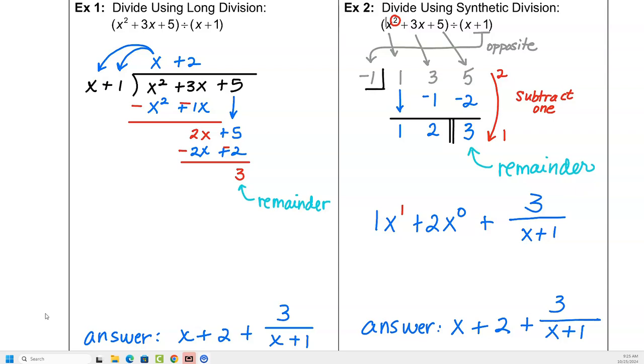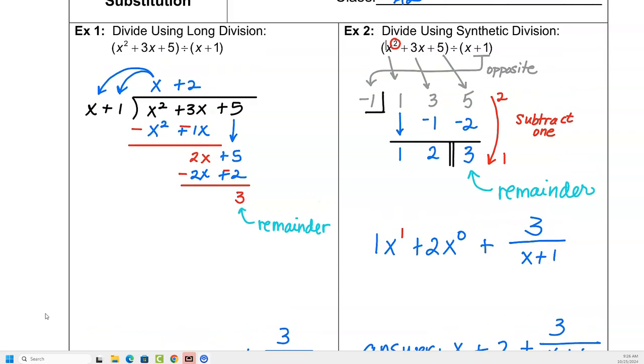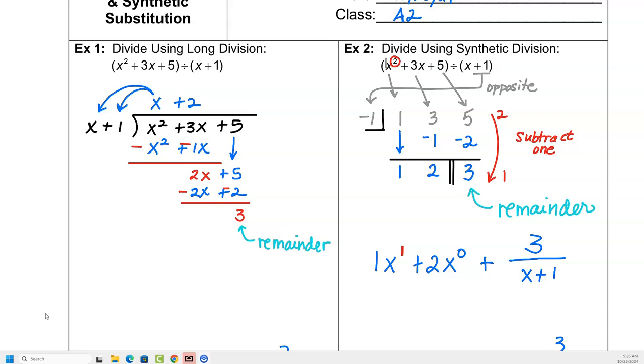Isn't that cool? So what happened was the person that came up with synthetic division realized there is a lot of redundancy here in this problem. They looked here and went, well, these always cancel out, the minus 2x and the plus 2x. They always cancel out. So they're like, why do I need to write that?